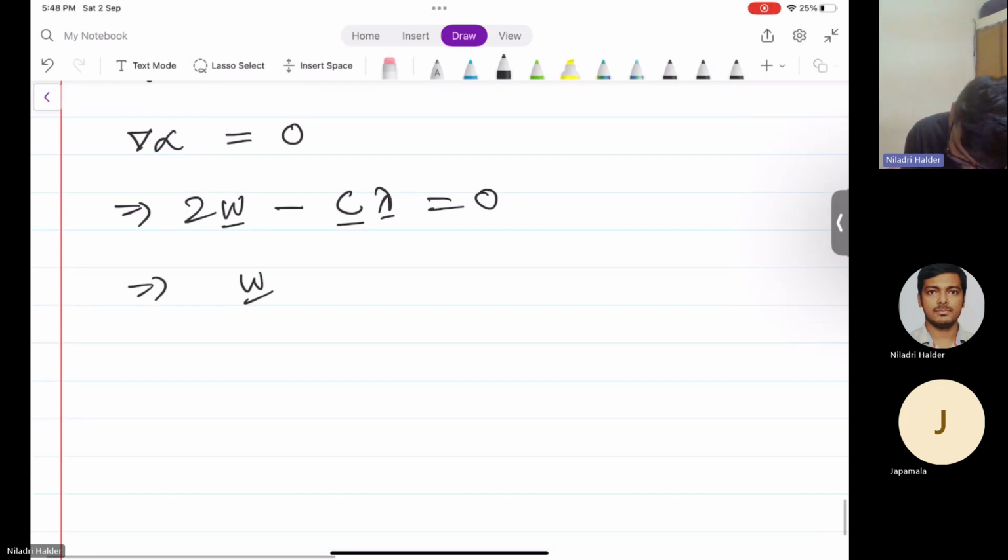So this W star is equal to C lambda times half.